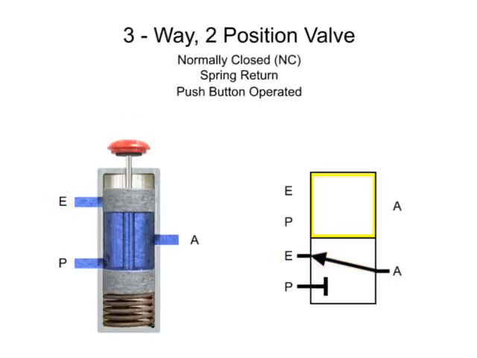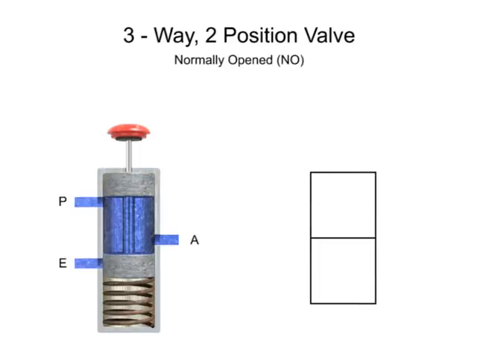The second position allows fluid to flow from the pressure port P to outlet port A and blocks exhaust port E. The valve is also spring return and push button operated. Here is another three-way, two-position valve. This valve also has an inlet port P, exhaust port E, and output port A, but they are in a different configuration.